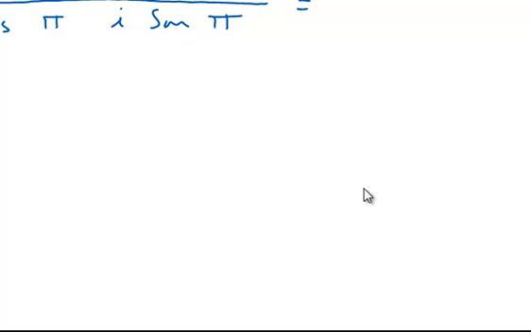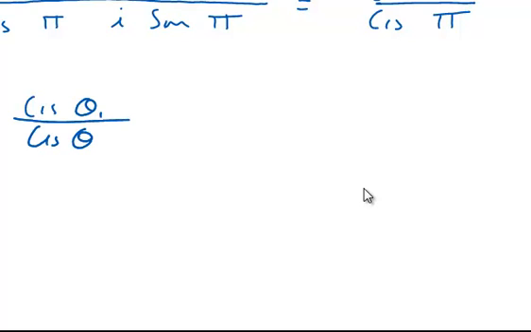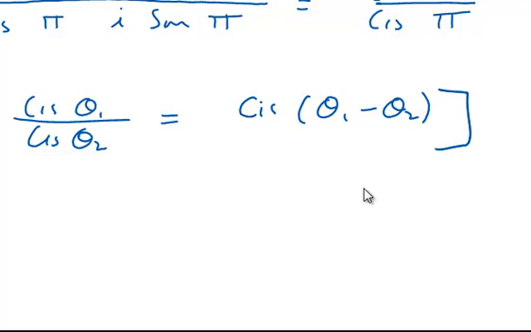But being CIS 2 pi over CIS pi, there is a rule that says if you have CIS of theta 1 over CIS of theta 2, that's the CIS of theta 1 minus theta 2. So you can just say top minus bottom, so it'll be the CIS of pi.